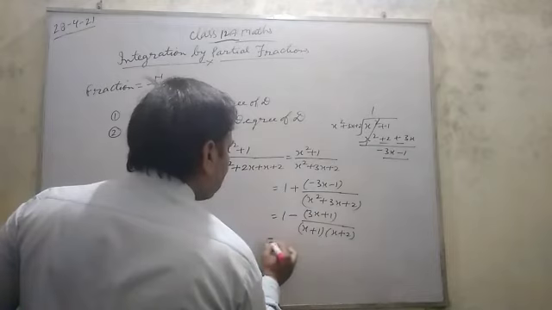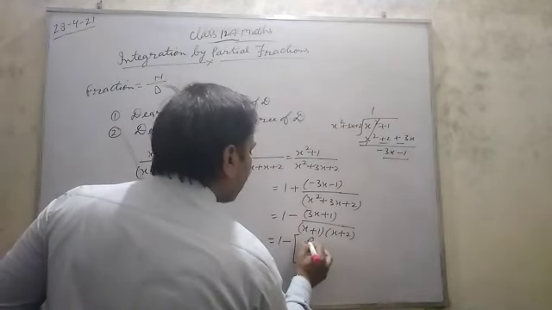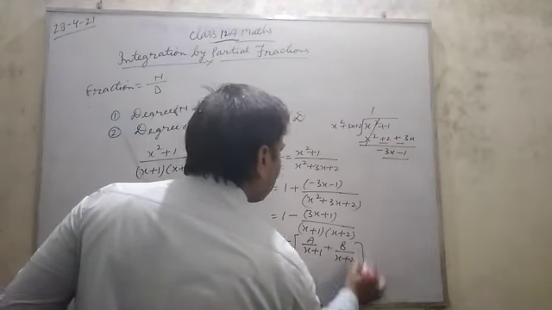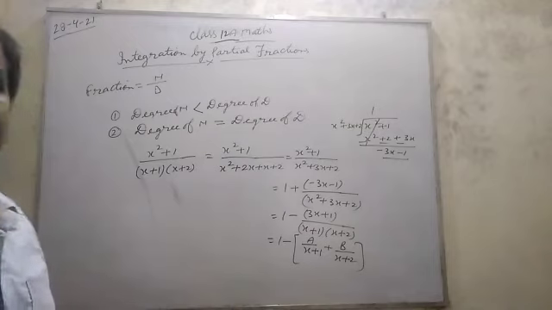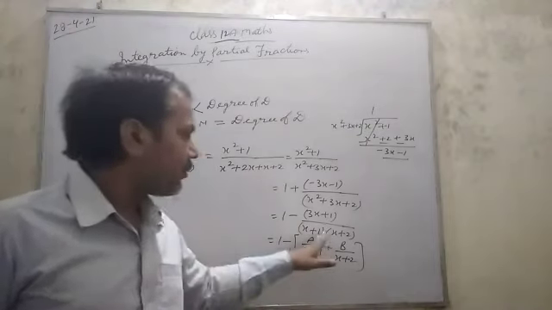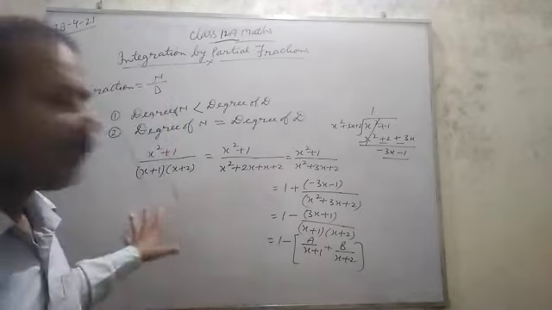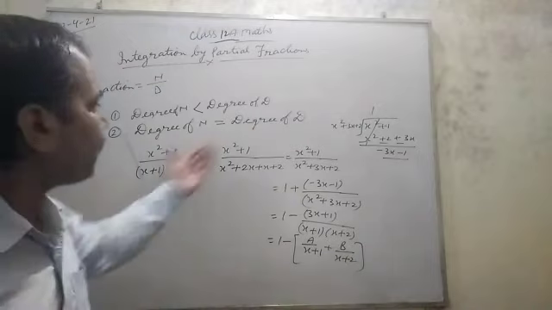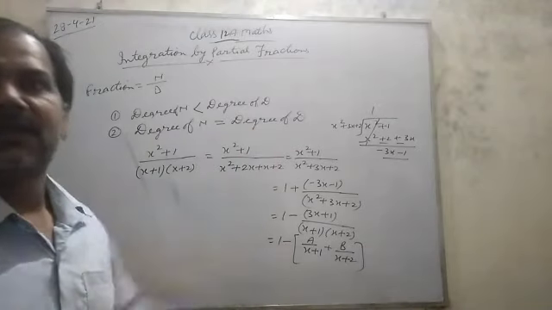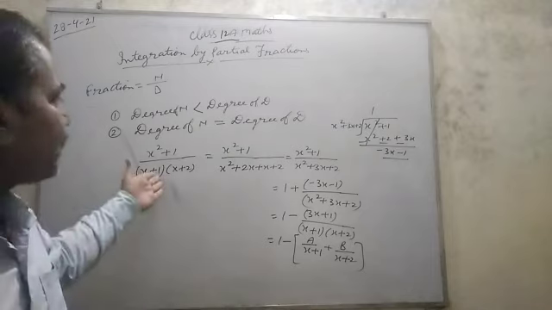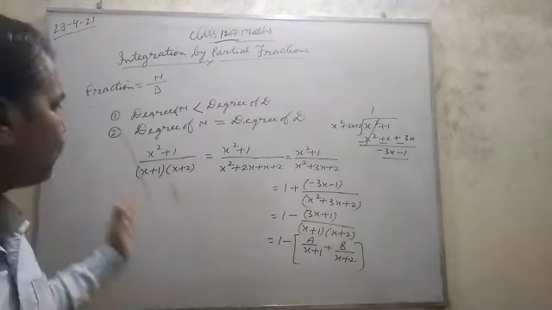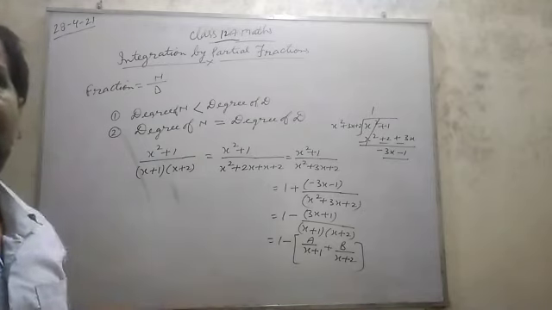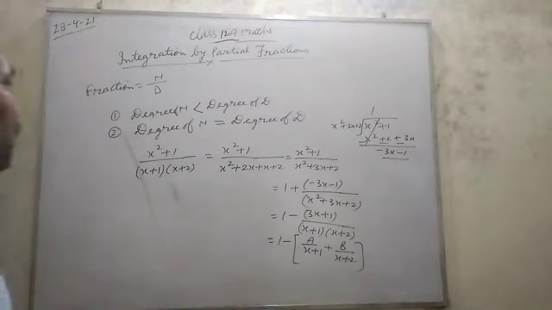So again in place of this you can write a upon x plus 1 plus b upon x plus 2. Clear? Then take the LCM and find the a and b values. I will tell you by taking a question how to find a and b. First you try to understand the method, what the process is, by which we will find the integration. First you break it into pieces, different parts, and after that integration will be easy.